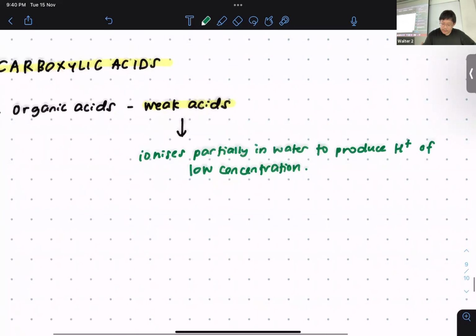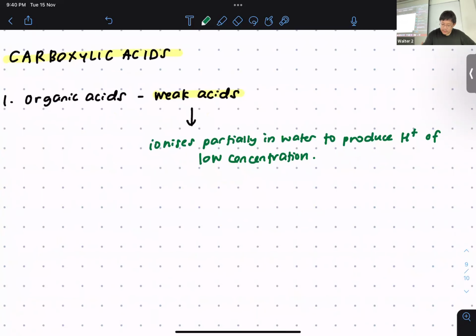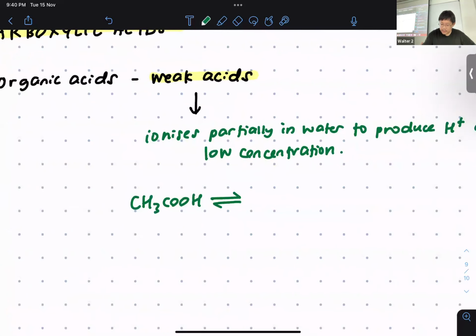Okay, for example, if you were to write the ionization equation for ethanoic acid, all right, you need to have a reversible arrow to show that it is technically partial dissociation of the acid in water to produce lesser concentration or lesser amount of hydrogen ions.